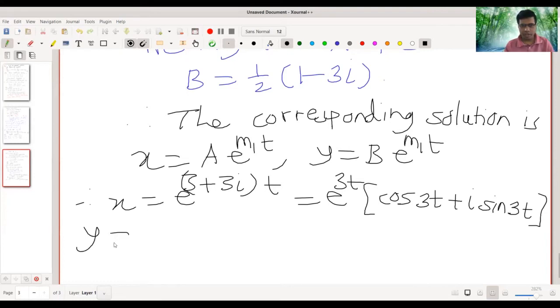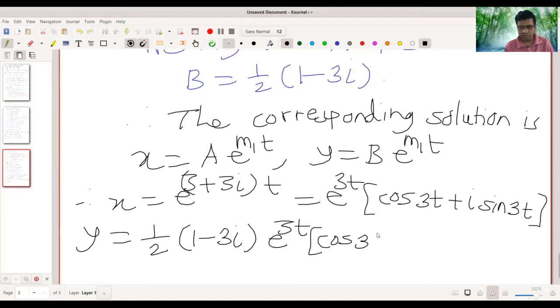And y equal to B. B is 1 half into 1 minus 3i, e raised to M1t. And e raised to M1t is simply e raised to 3t, cos 3t plus i sin 3t.